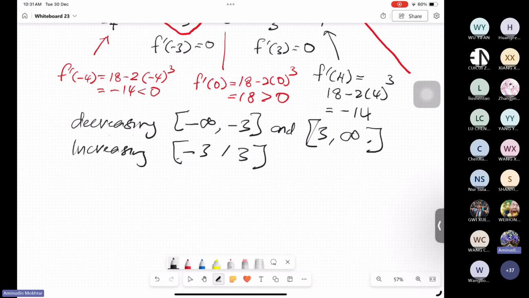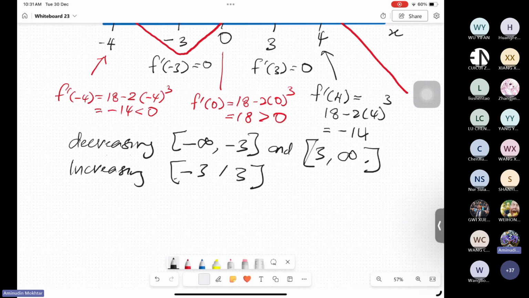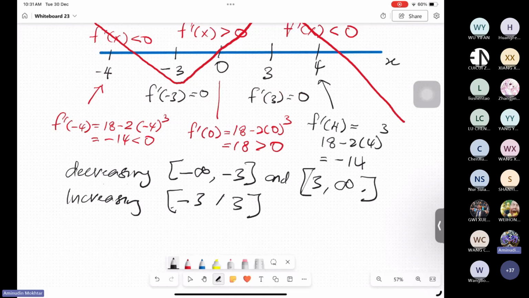Okay, so the next one, the relative extrema. So far we have two critical points, negative 3 and positive 3. Now we need to determine which one is a maximum or minimum.